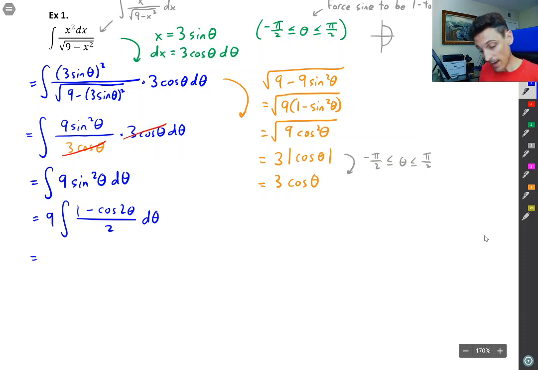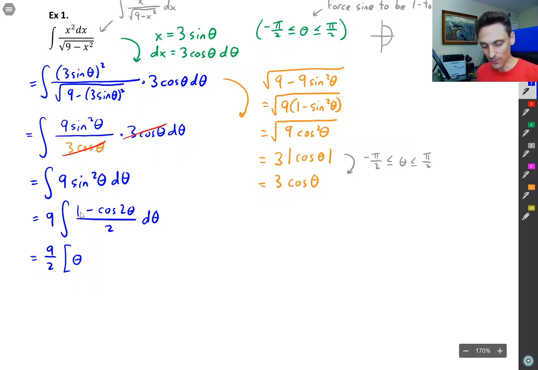The half on the bottom, so the 2 on the bottom, we can pull out as a half. And let's go ahead and just integrate what we have on the top there. So we have 1 minus cosine 2 theta. If we integrate that, the integral of 1 will be what here? If you said theta, that's correct. Remember, we're integrating with respect to theta.